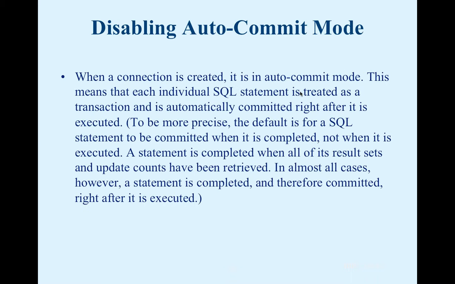Then yesterday we saw disabling auto commit mode. When a connection is created, it is in auto commit mode. This means that each individual statement is treated as a transaction and it is automatically committed right after it is executed. That means the moment you said insert in MySQL, it inserted it yesterday, remember. Ideally, when you said connection.setAutoCommit false, it should not write to the database immediately.